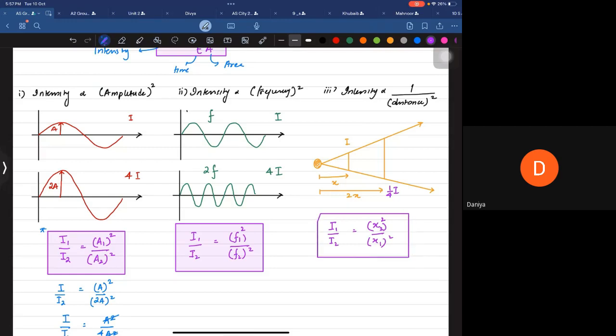Here, the intensity of the first wave is equal to the amplitude of the first wave, so both things of the first wave are at the top. Same goes here, first wave. But because of inverse ratio, the intensity of the first wave is equated with the distance of the second wave, because they're inversely proportional. That's why. Do you understand that?